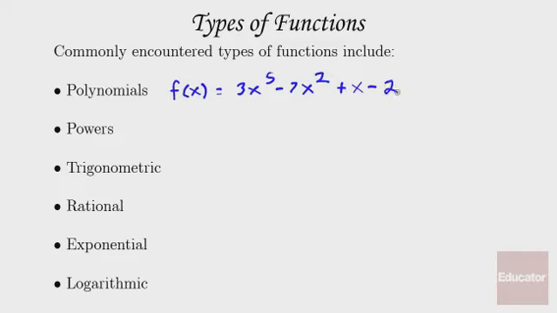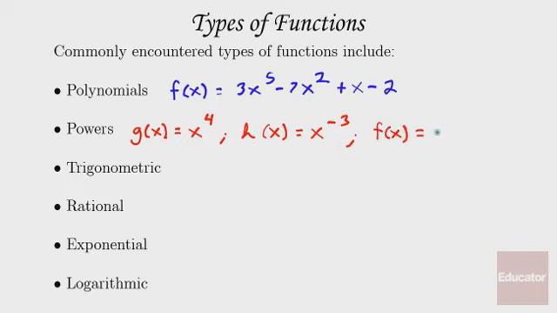That would be a polynomial. For a power, we're simply speaking of a power of x, something like x to the 4th power or whatever. Or maybe we're looking at a negative power of x, maybe h of x equals x to the negative 3rd power. Or maybe a rational power of x, like f of x equals x to the 1/2 power. So those would be powers.